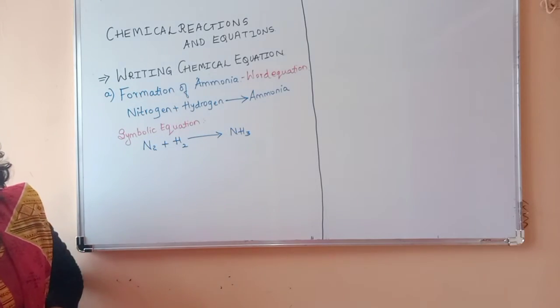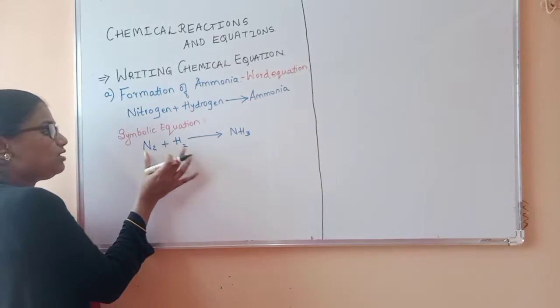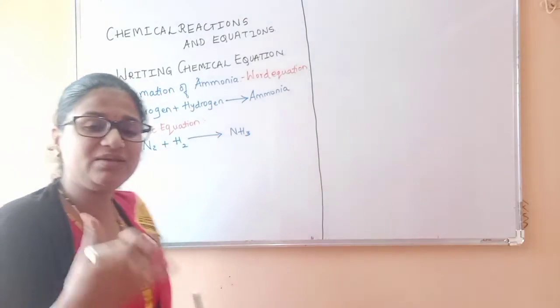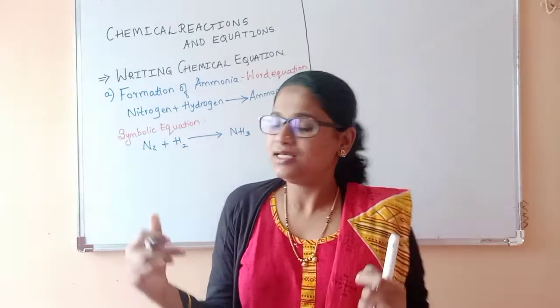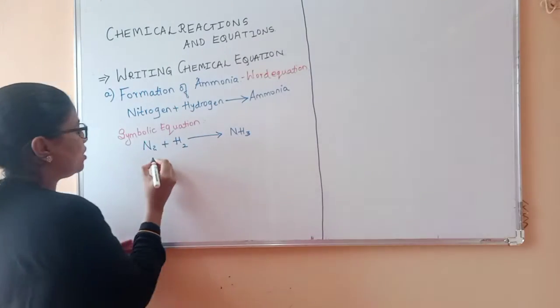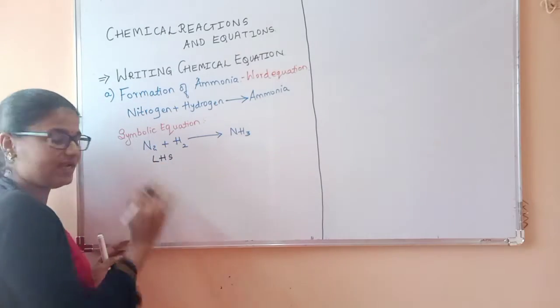NH3. When you see here, the elements which combined, which reacted with one another, are written on the LHS, that is the left hand side.